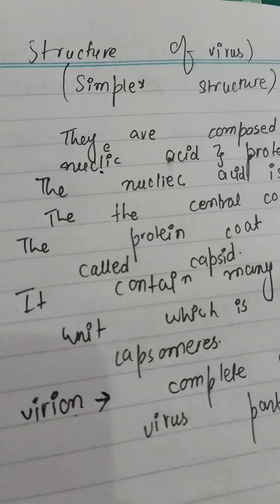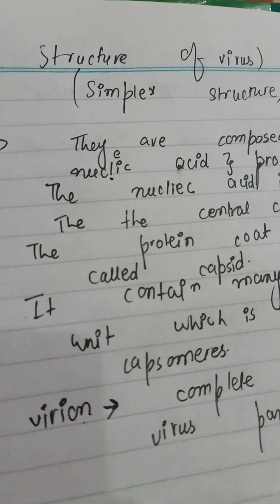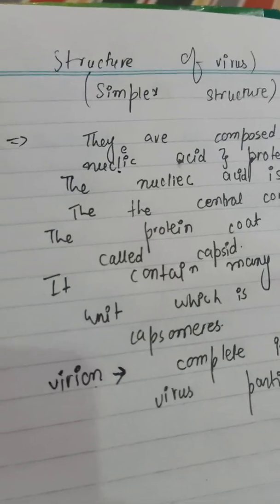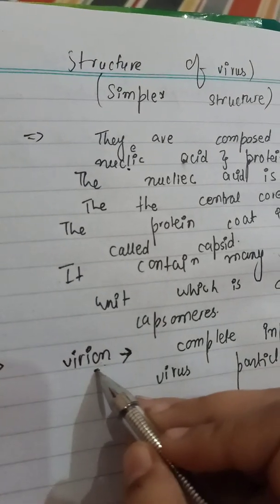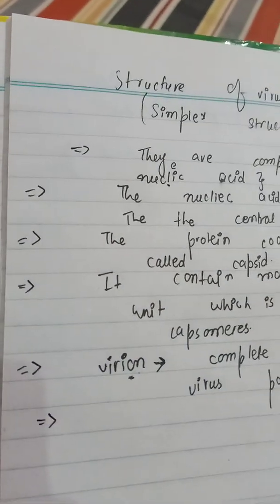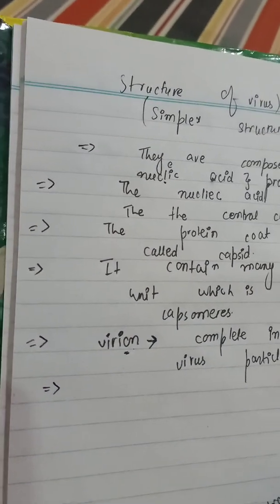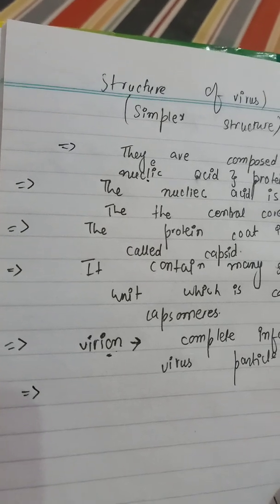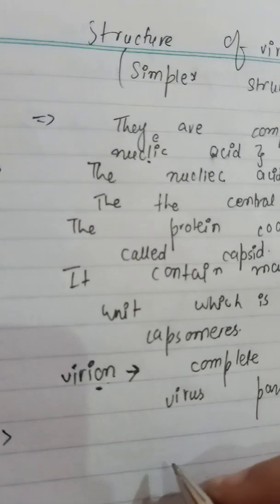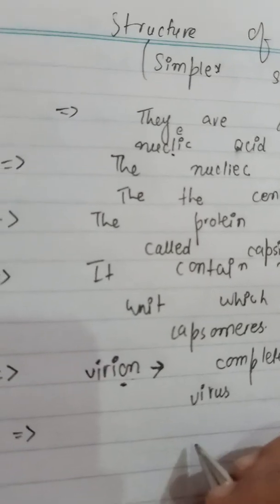But when it is moving into the host cell, it will be known as virion. This is also a virus, but this is the name of the virus after it infects our cell when it moves into our body. So they are capable of infecting, as you all know.